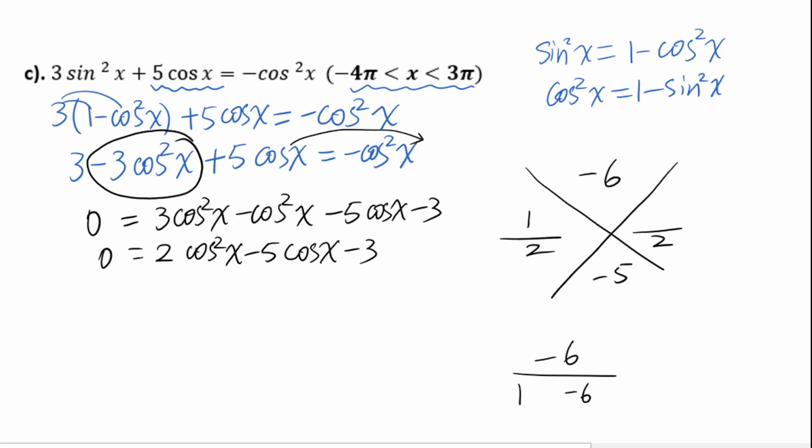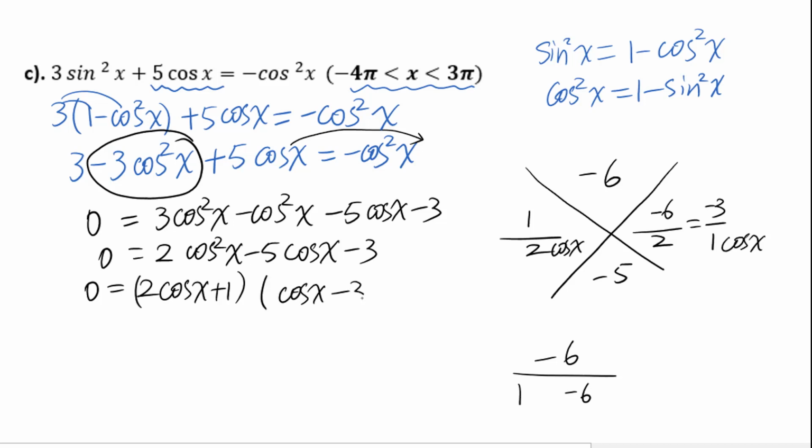So you have 1, this is negative 6. Reduce, you will get negative 3 over 1. Then the variable is cosine x. So we get 0 equals (2 cosine x plus 1)(cosine x minus 3).